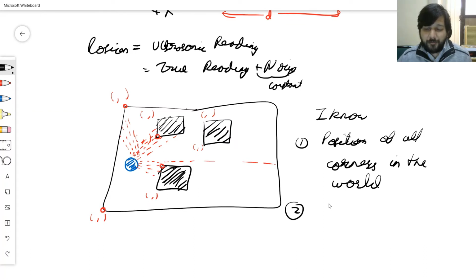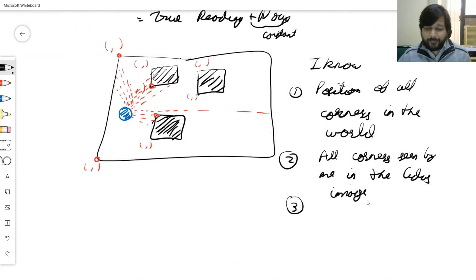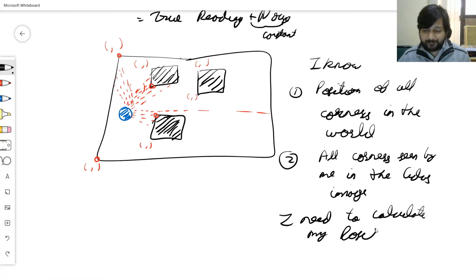I know all corners seen by me in the LiDAR image, and I need to calculate my position.